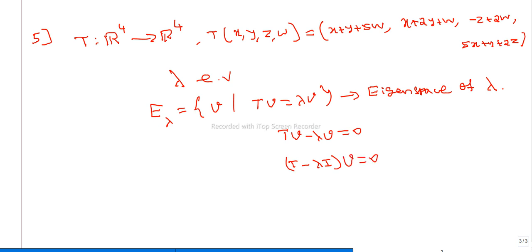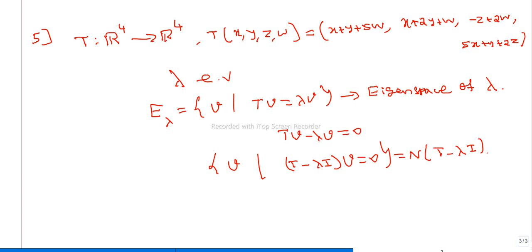So we are collecting V such that this equals 0. So this is nothing but the null space of the operator T minus lambda I. For a particular lambda, the eigenspace of lambda is the null space of T minus lambda I.